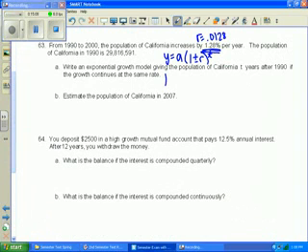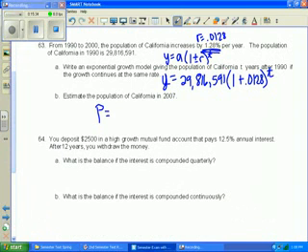So this would be y equals, and our population starts at 29,816,591, and 1 plus the rate, because it is growth, to the t. And so then you could go ahead and add that together. If you then want to find that population in 2007, this would imply that our years are 17, because from 1990 to 2007, that is 17 years.